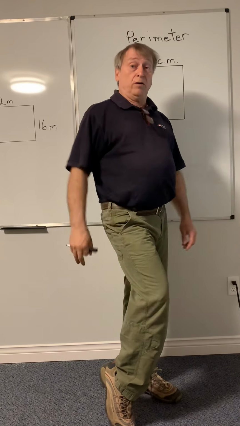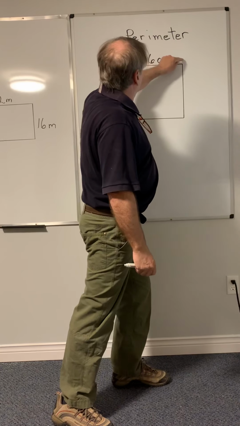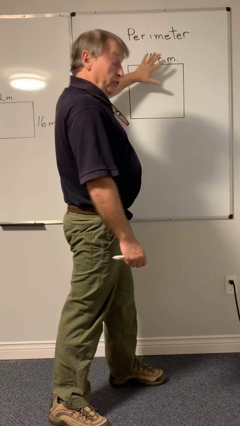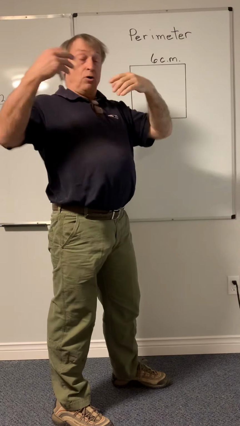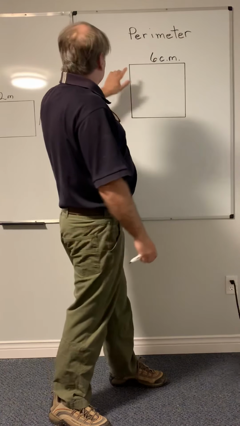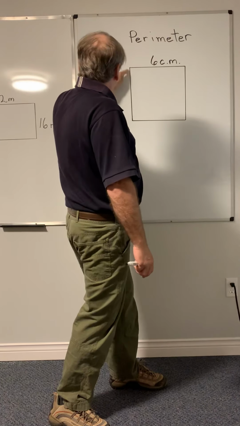And perimeter is the distance around the outside of either a square or a rectangle or any other shape. It is the distance around the outside.